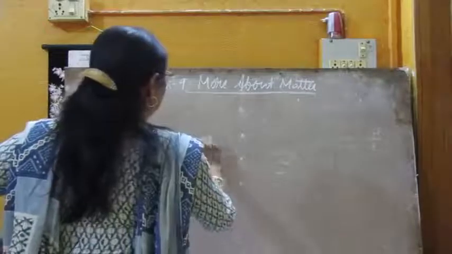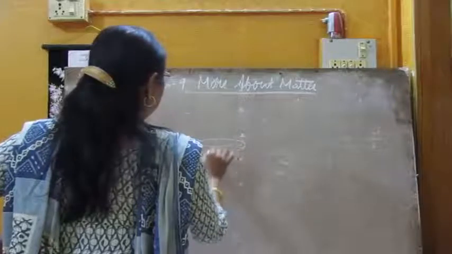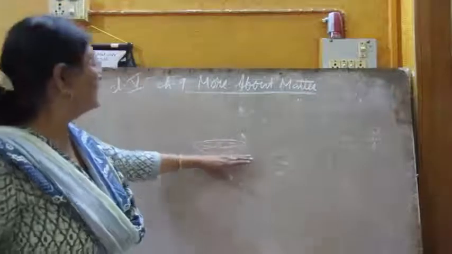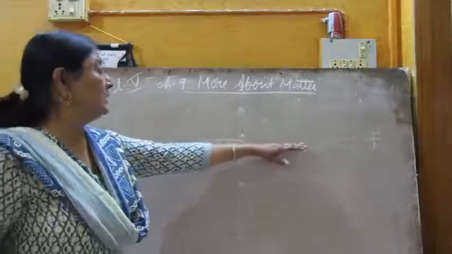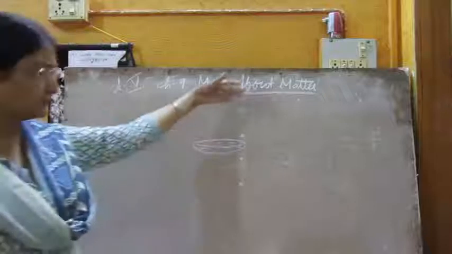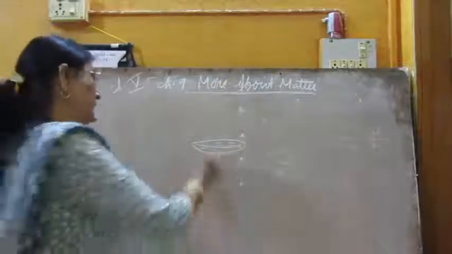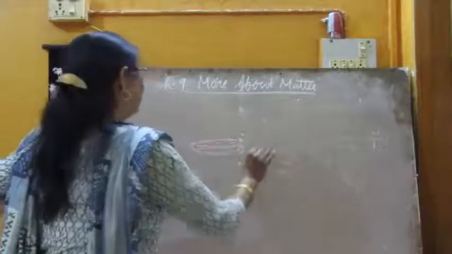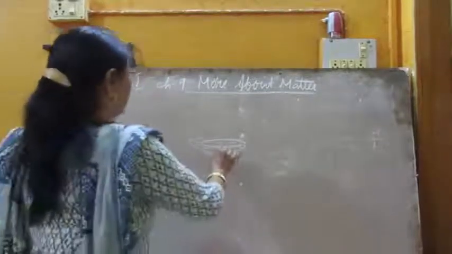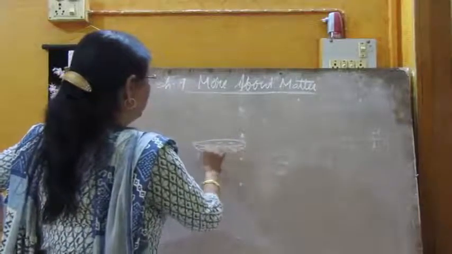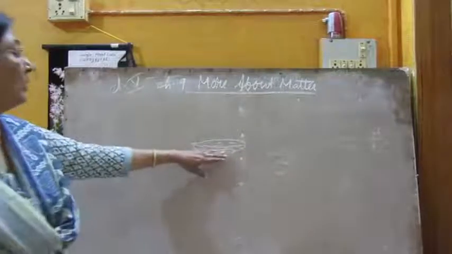Perhaps you have seen this. Nowadays the weather is very dry, so if you keep some water in a plate on the balcony or on the terrace, then after 1 week you will see that though you gave a full plate of water, very little water is remaining at the bottom of the plate.